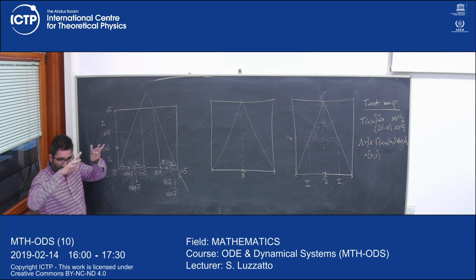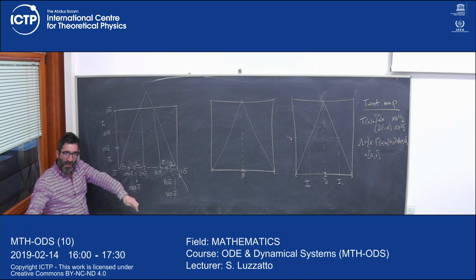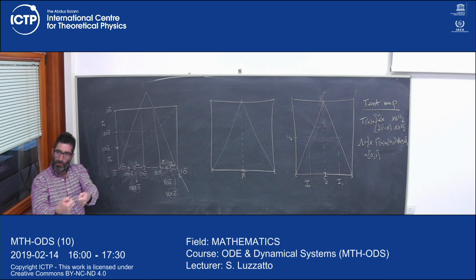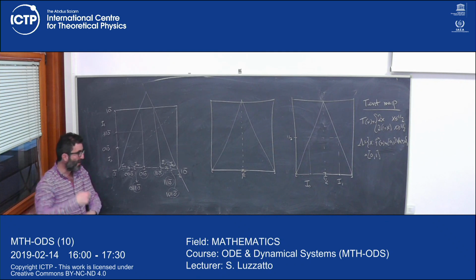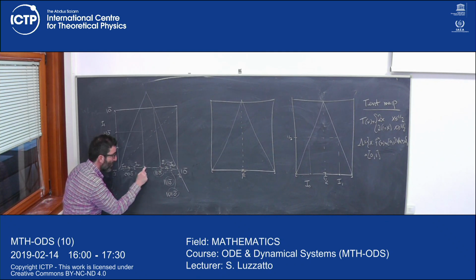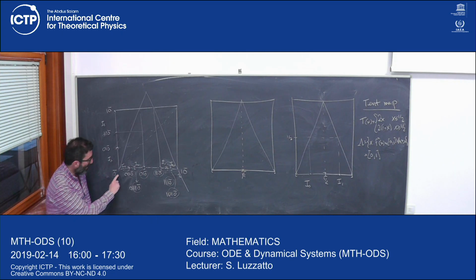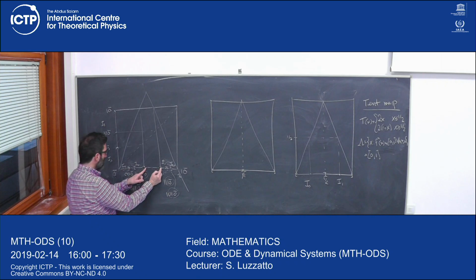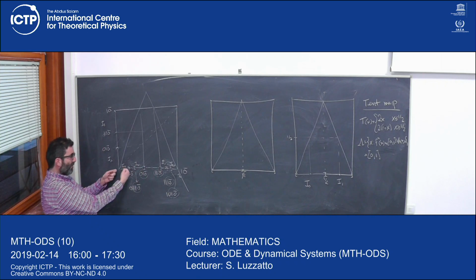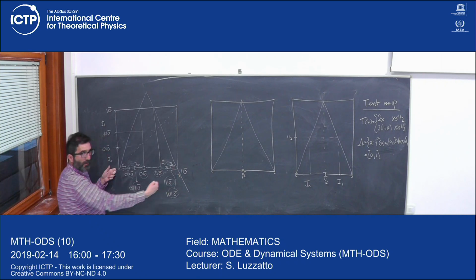Okay? So if you look at any level of the Cantor set, and you look at a gap, and you look at the two points that are facing each other, and you iterate these two points, after some iterates one's going to fall here, and one's going to fall there. And before that, they're going to stay together. So they're going to have exactly the same sequence, because this whole thing stays together, and these two are going to fall on opposite sides exactly when the interval that contains them falls onto 0, 1.